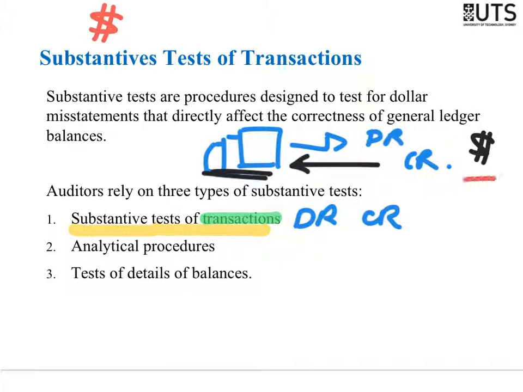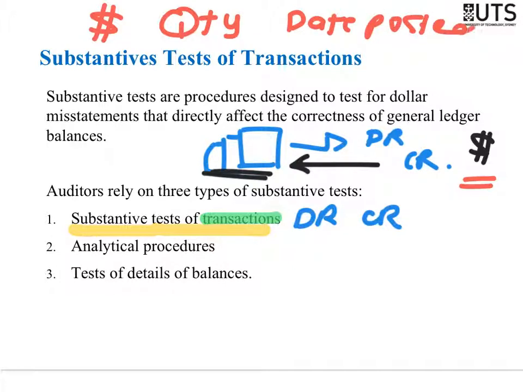So when I was checking the dollar amount of the journal, that's a substantive test. Secondly, if you're looking at the quantity that's been recorded, that's a substantive test. Thirdly, if you're looking at the date at which the journal was posted and checking that that was correct, that's also a substantive test. So if the focus point of the test is either the dollar amount, the date that it's been posted, or the quantity involved, it's a substantive test.